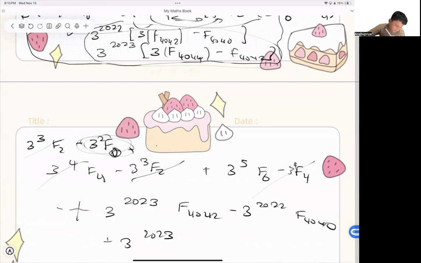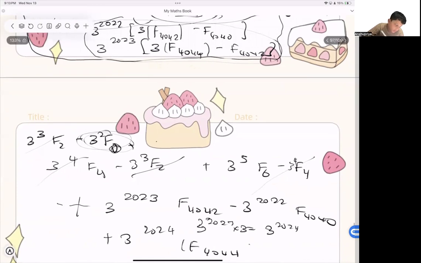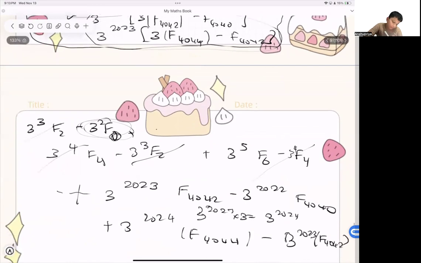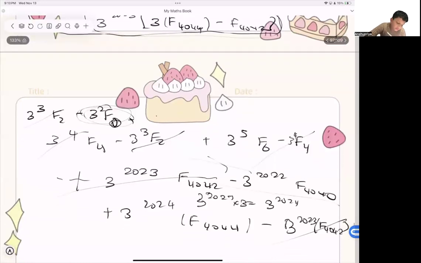We will get 3 to the 2023 F4042 minus 3 to the 2022 F4040, plus 3 to the 2023 times 3F4042 minus F4040. This will be 3 to the 2024 F4044, because 3 to the 2023 into 3 will be 3 to the 2024, minus 3 to the 2023 F4042. Okay, so can you see this cancels? And this will cancel before, because the last term is always cancelling.